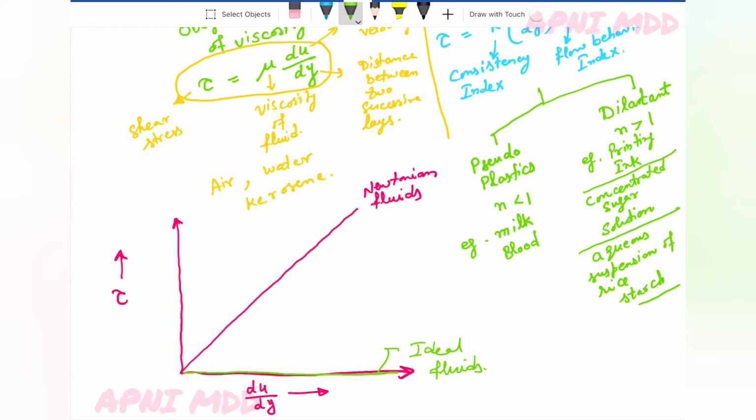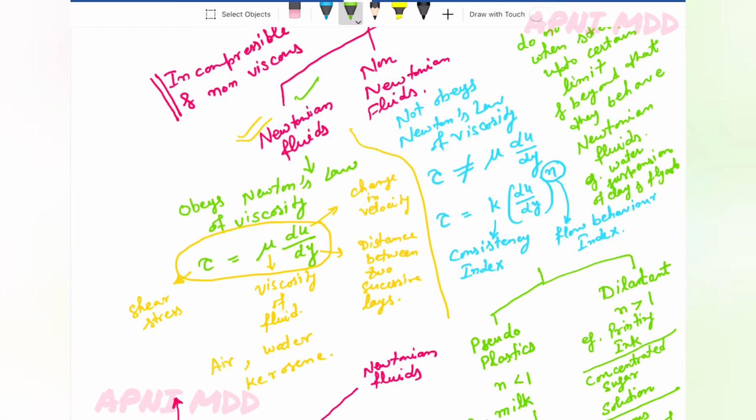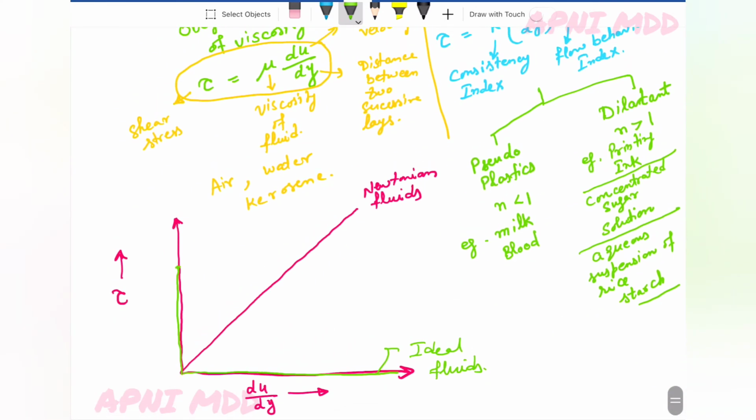For ideal plastics, there is no deformation up to a certain point, and beyond that the fluid behaves like a Newtonian one. So this is ideal plastic.